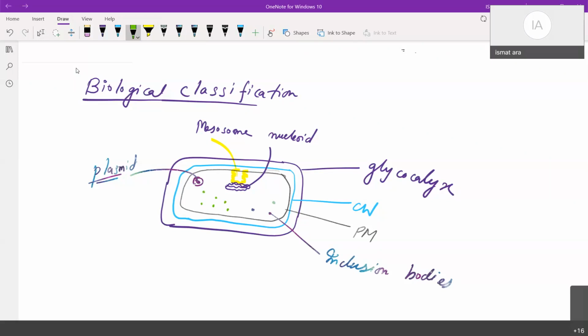With green I am drawing cytoplasm, and with yellow I am showing ribosomes.